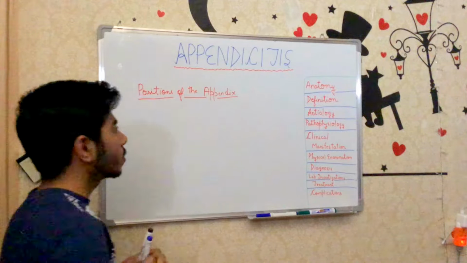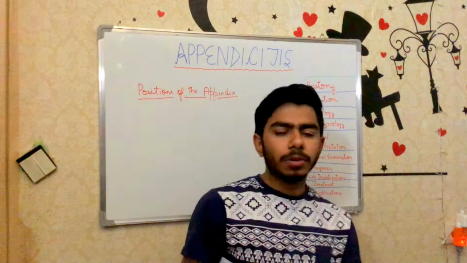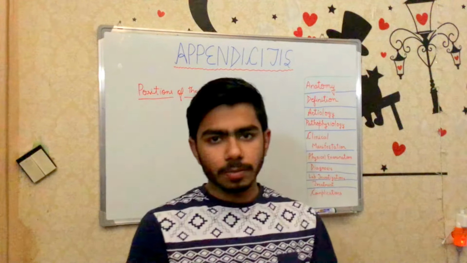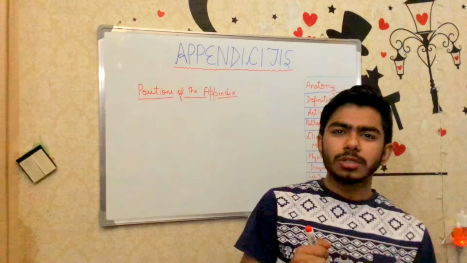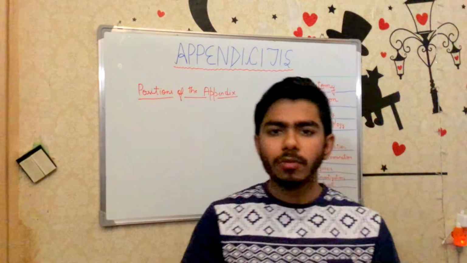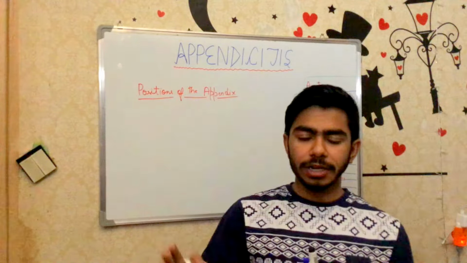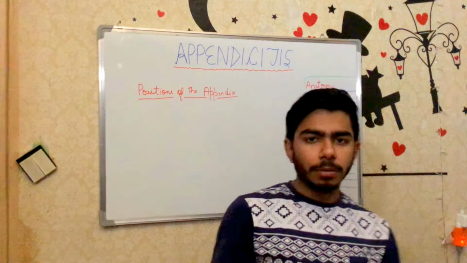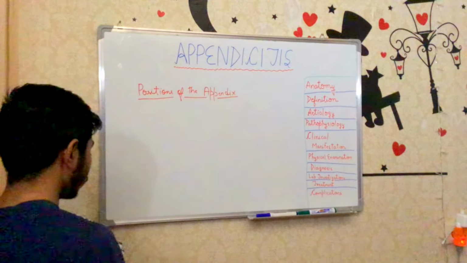Usually, in most cases, at the time of birth, as the cecum grows, it converts the position of the vermiform appendix into the retrocecal and intraperitoneal position. But in some cases, it could be in different positions.